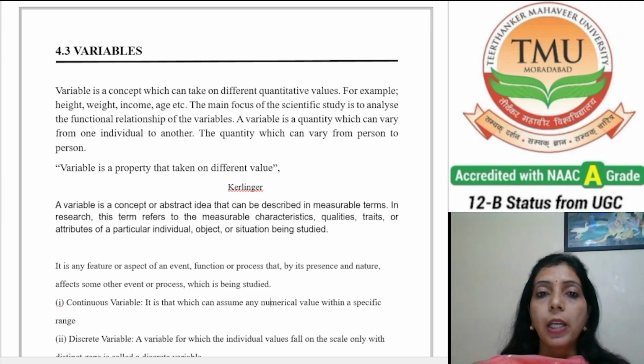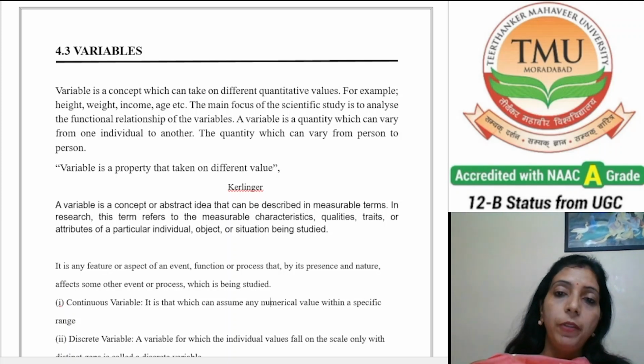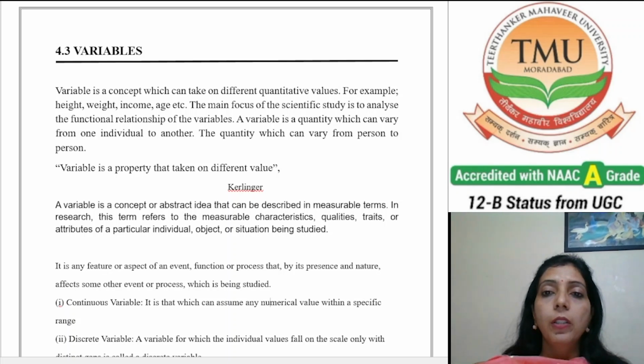A variable is a concept which can take on different quantitative values, for example, height, weight, income, age, etc. But the main focus of the scientific study is to analyze the functional relationship of the variables.